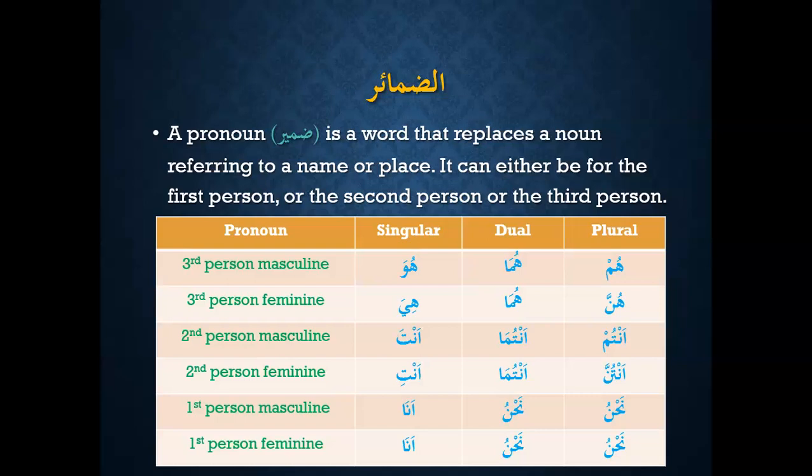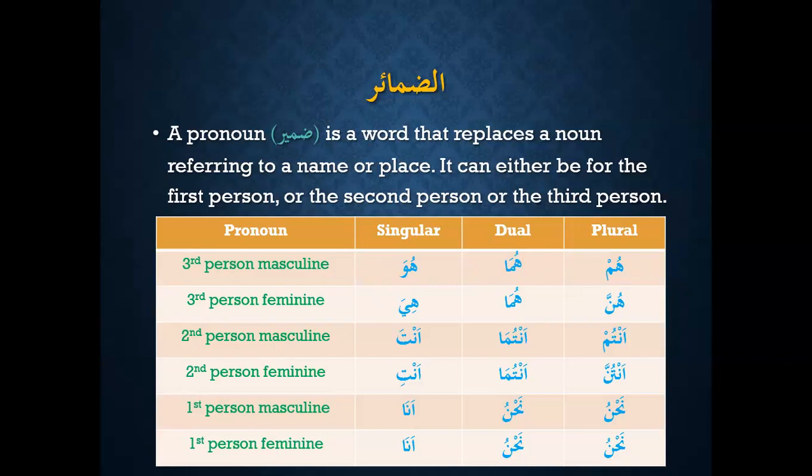This makes it a little more complex, with more pronouns. For the third person, traditionally we start off with "he": singular huwa, dual huma, and plural hum. You've done this paradigm and memorized it.